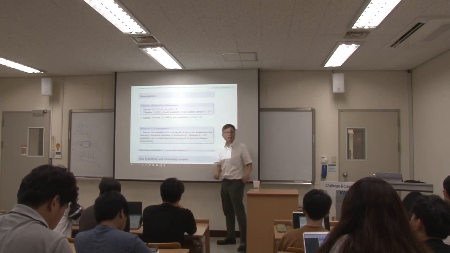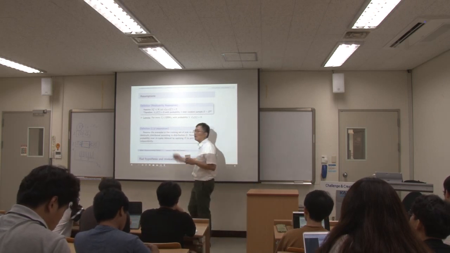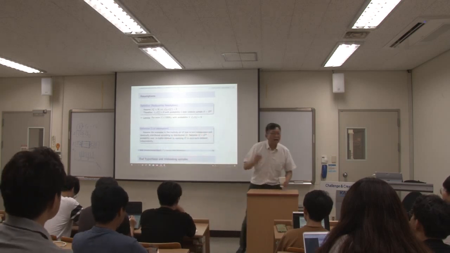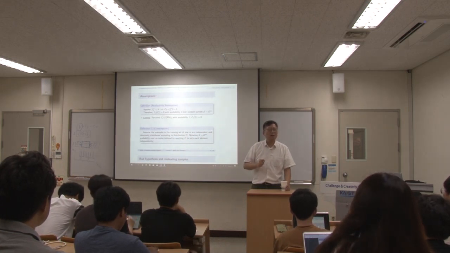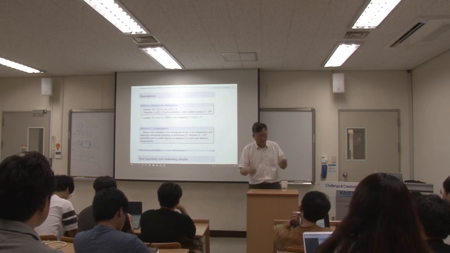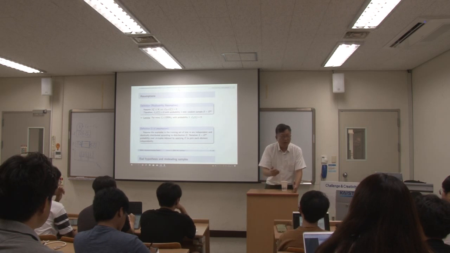This is basic, easy. Now, IID. I'm going to assume that each of the data that I get is identically distributed. So I get x1, y1, x2, y2, x3, y3.